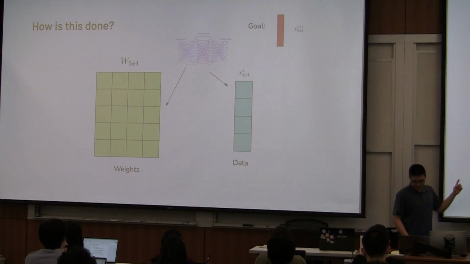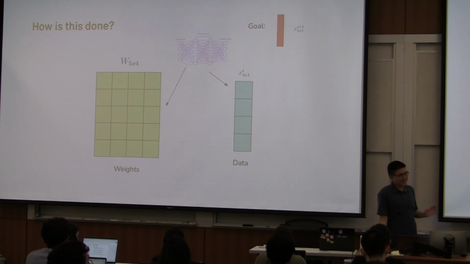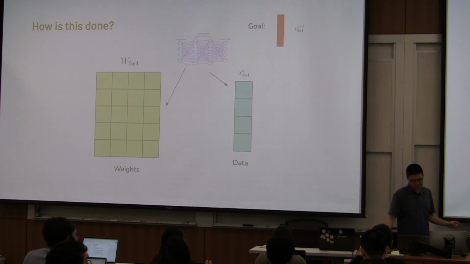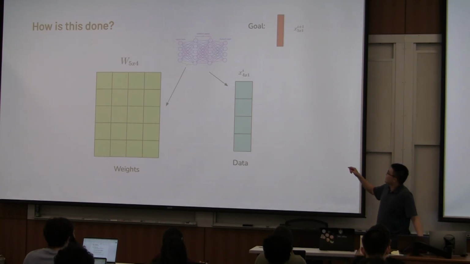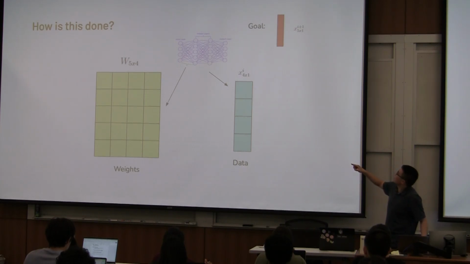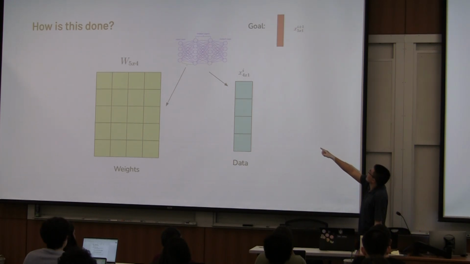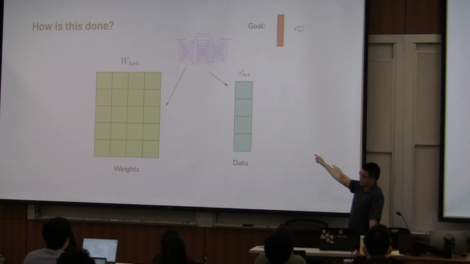Our weights for this layer, we can represent as a matrix. The inputs are 4 elements, and the output we want is 5 elements, so the goal for this layer is a 5x1 vector. The data we have is a 4x1 vector.